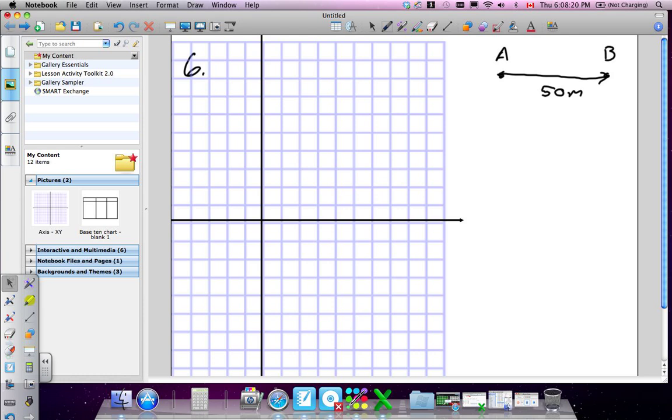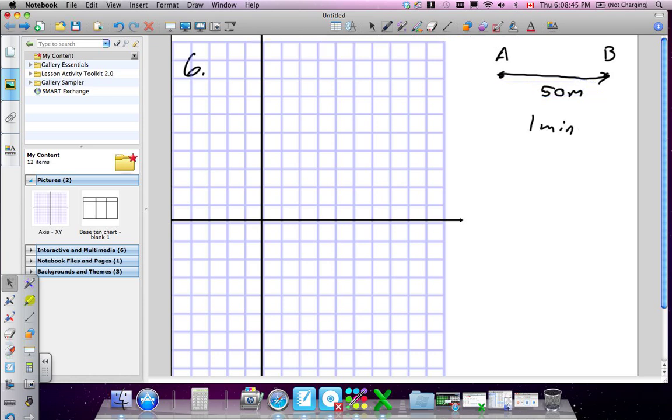And I assume they mean one length is just going from this end to this end, and coming back would be two lengths. I'm assuming that's what they mean. You might want to ask your teacher. Sometimes a length is considered back and forth, but we're going to assume it's just one distance and one back, okay? And it also takes her 1 minute to do this, okay?